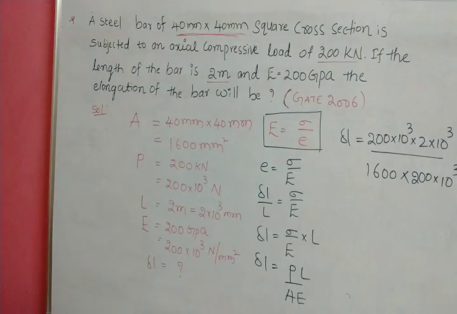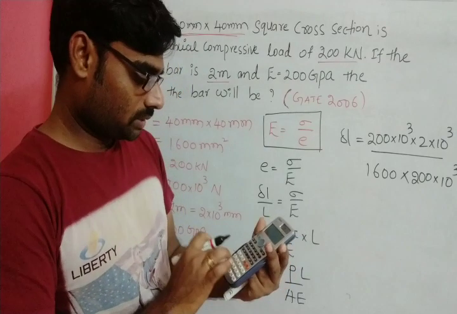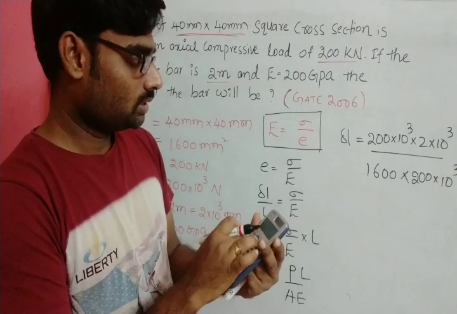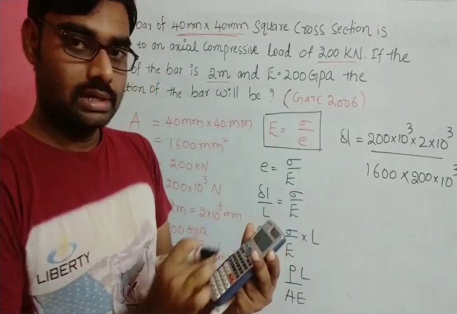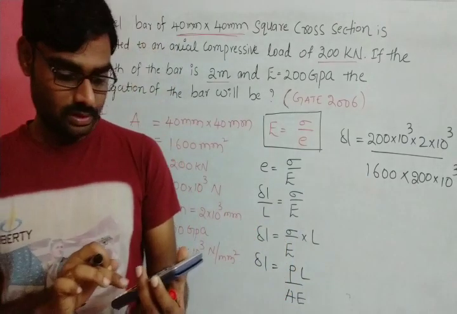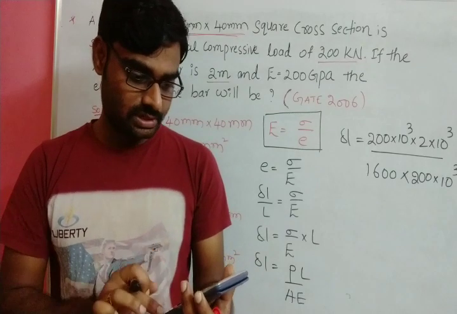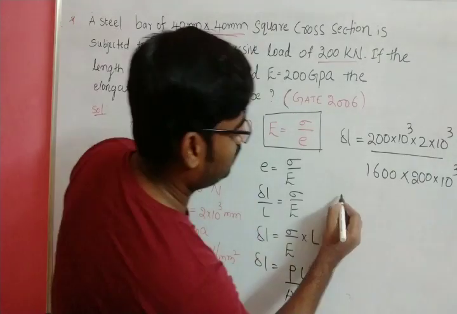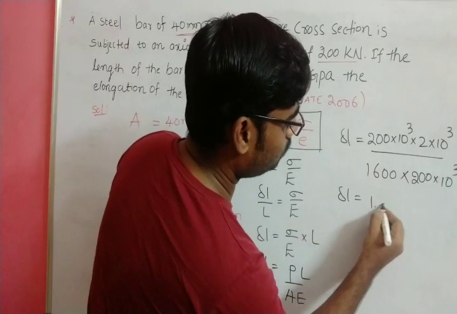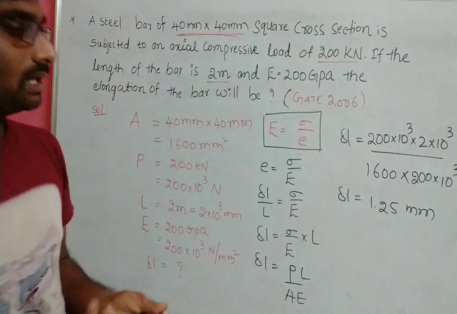Calculating: 200 into 10 power of 3 into 2 into 10 power of 3 by 1600 into 200 into 10 power of 3 gives 1.25 mm. The elongation of the bar equal to 1.25 mm. This is the final answer.